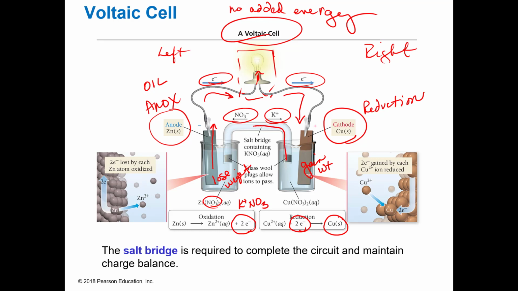This gizmo right here, and it can be a clear tube, or it can be like a piece of material or string or yarn soaked with something, KNO3. All right, and that is what allows the anion and the cation to go back and forth, because you have to connect them ionically and then connect them voltaically so that your electrons flow.